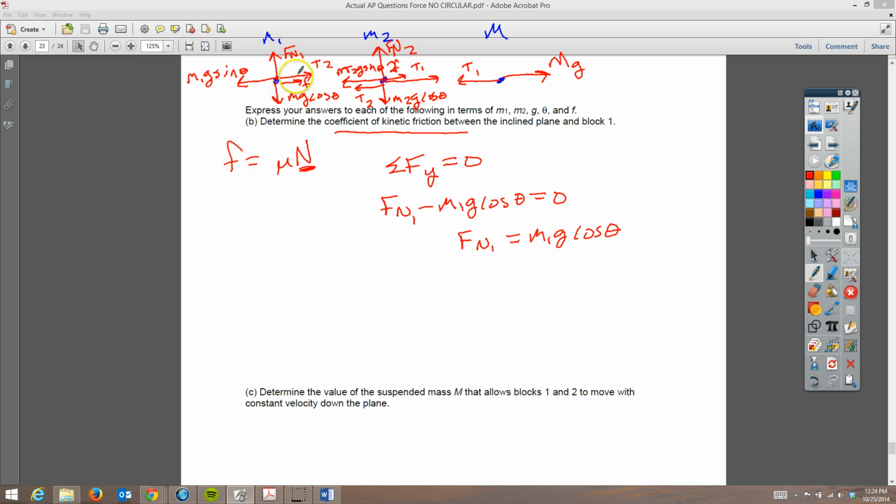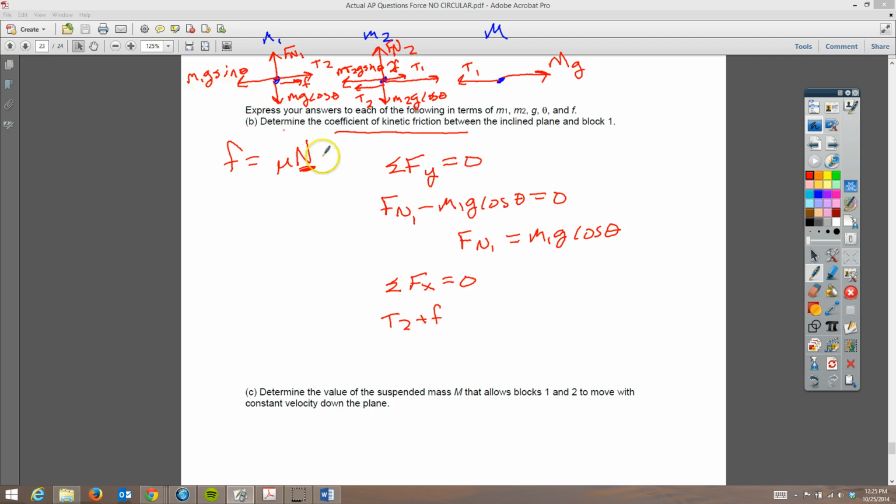So here's the F in question. So let's go ahead and do the sum of the forces in the X direction. And that should be equal to 0 because this thing is moving at a constant speed. So let's go ahead and set everything in. We've got T2 going to the right, plus F going to the right.